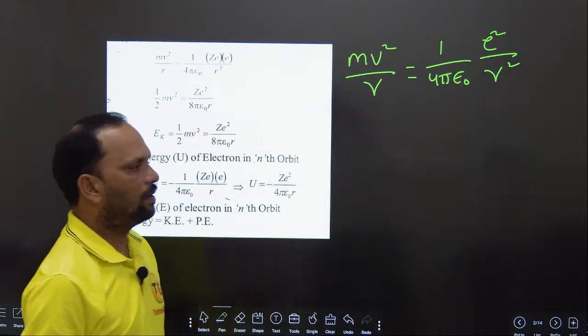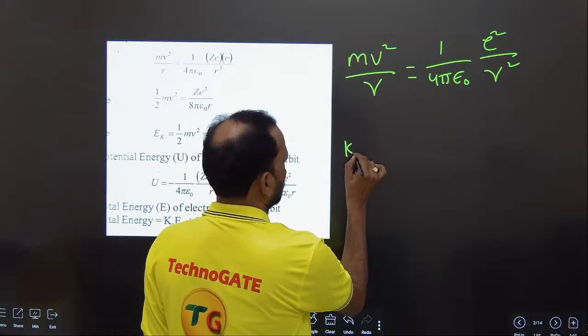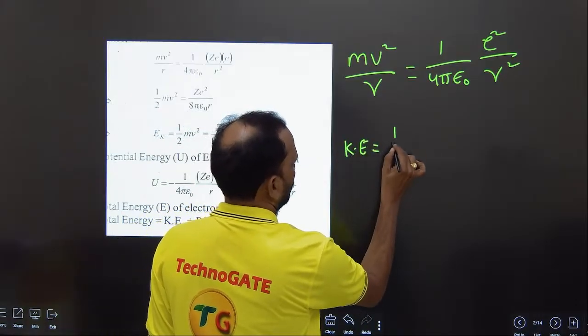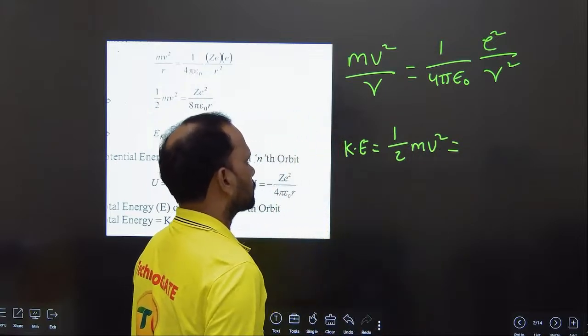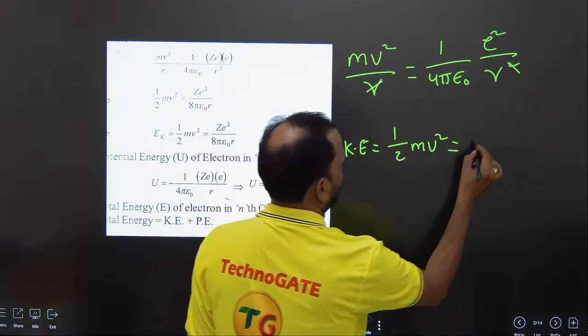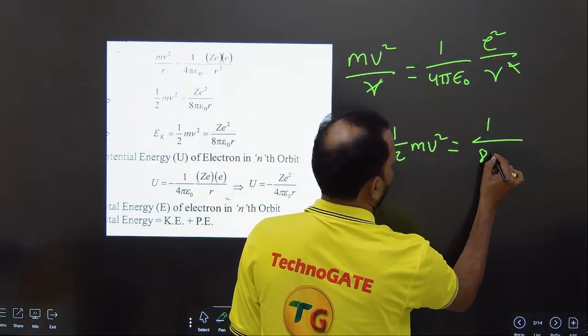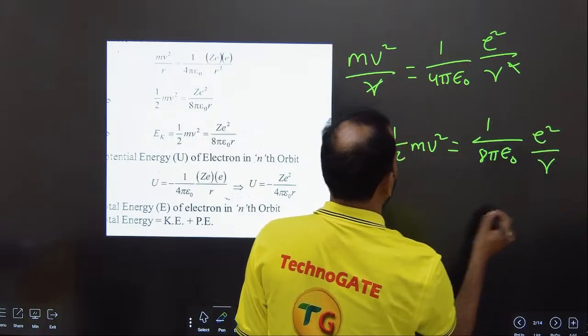This is the first postulate. From this, kinetic energy is 1 by 2 m v square, which is 1 by 8 pi epsilon naught into e square by r. This is the formula.